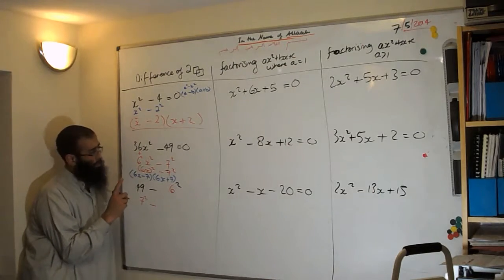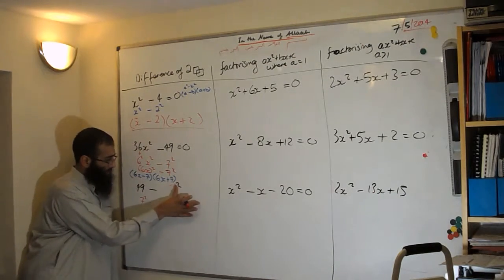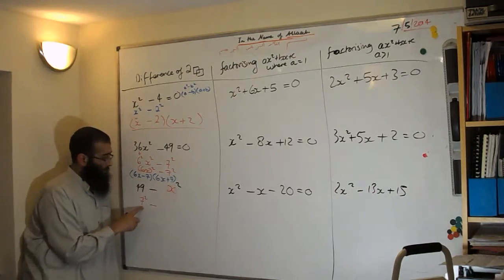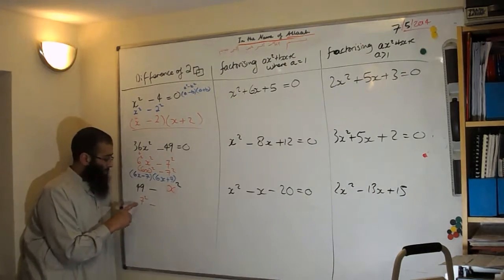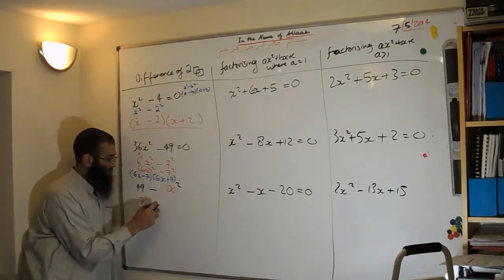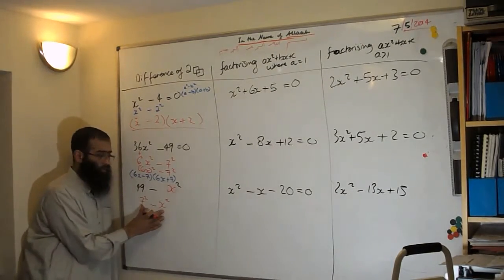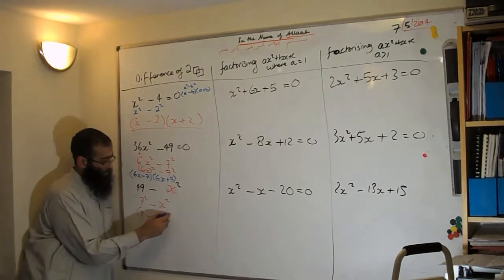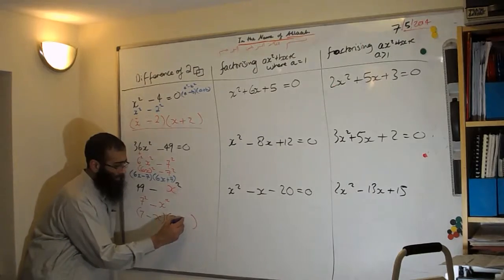Actually, give me one moment. I'm sure this is supposed to be something like x squared. I just looked at the wrong question. Okay, 7 squared minus x squared. Two square numbers. Copy down the 7, 7 minus x, and the next one is going to be 7 plus x.